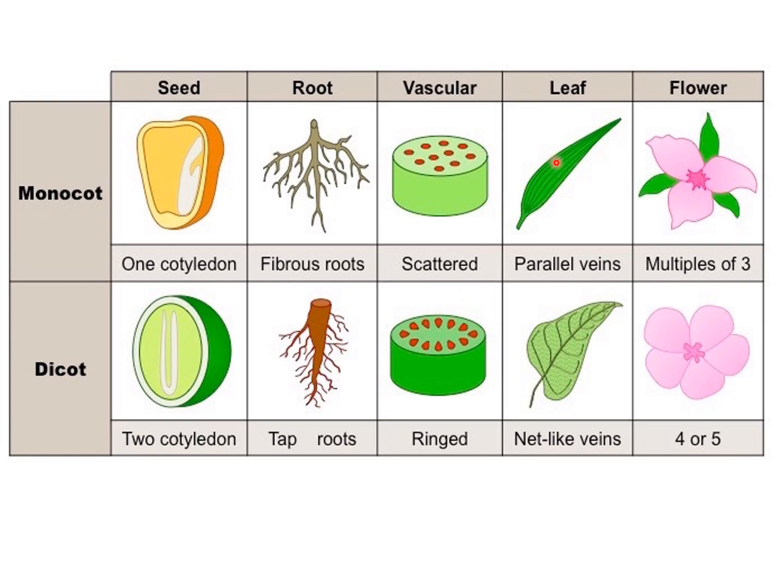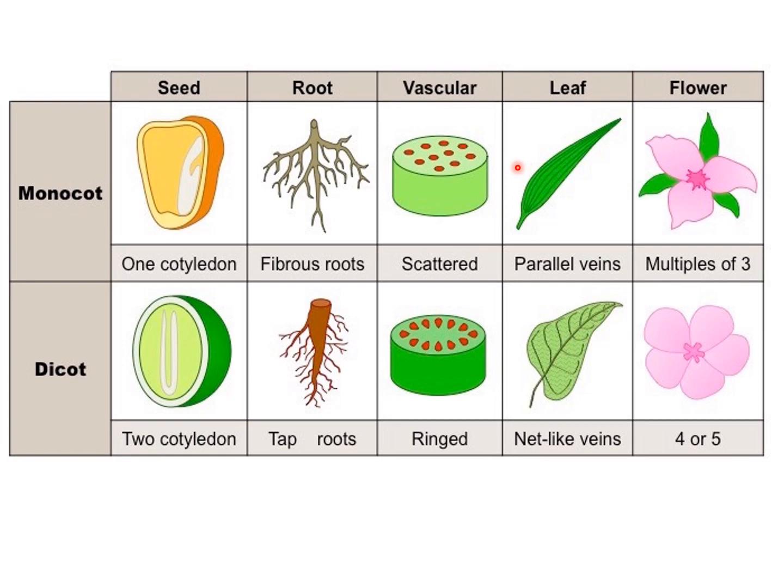For the leaf, the leaf of monocots is usually narrow in shape and has parallel venation. But in dicots, the shape of the leaf is usually round or oval, not narrow like in monocots, and they have netted venation.